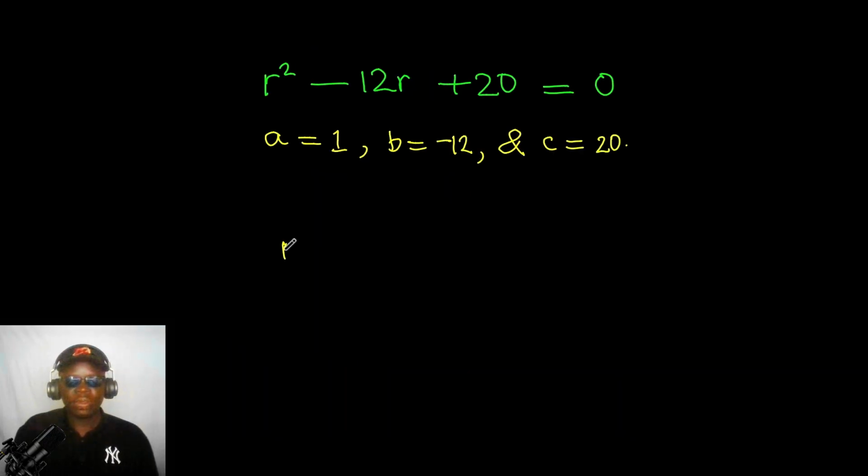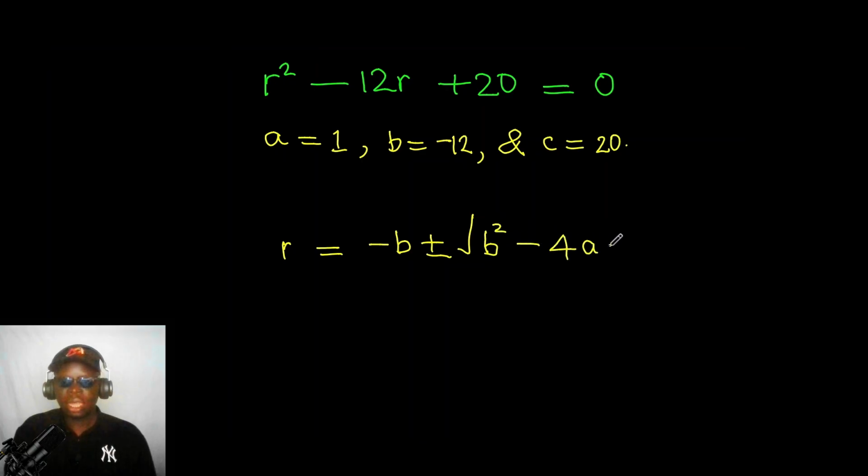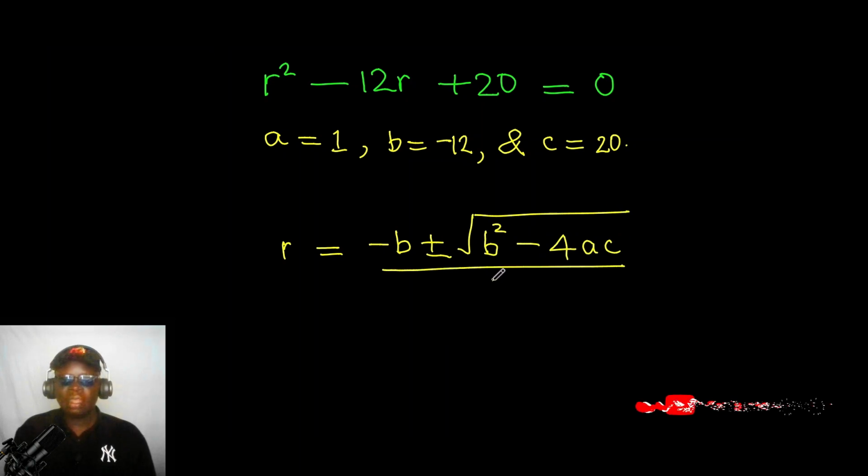Let's go ahead and use the formula. Since our variable is r, we're going to have r equals negative b plus or minus the square root of b squared minus 4ac, and the whole thing is divided by 2a. So this is our formula. Let's put in our value of b, which is negative 12, and negative times negative will yield positive, so I'm gonna write here plus 12.